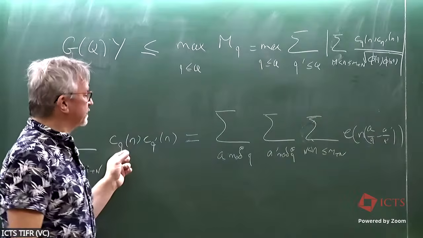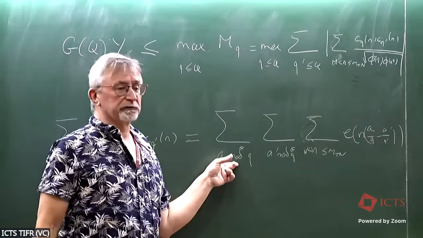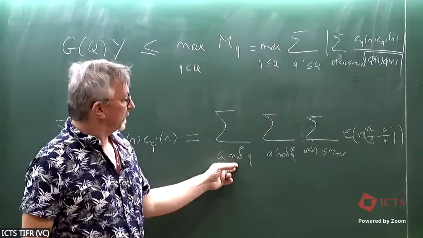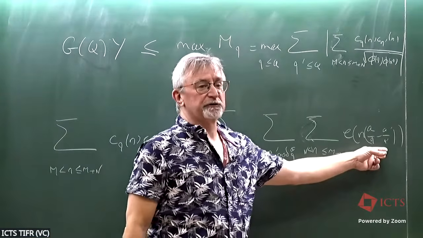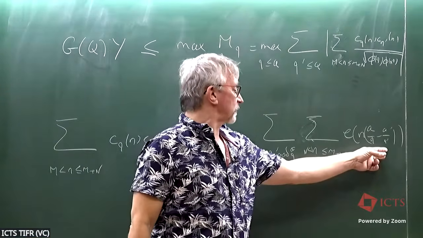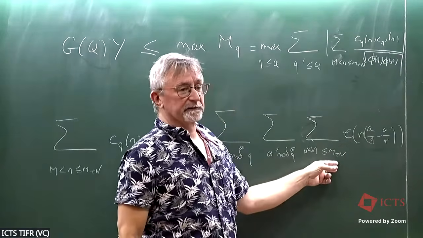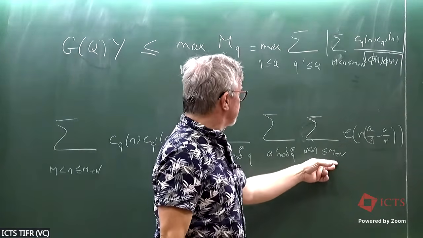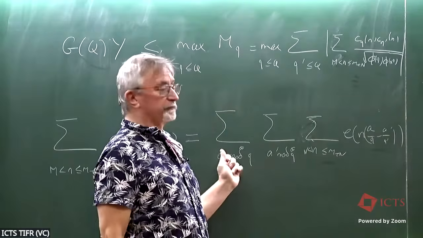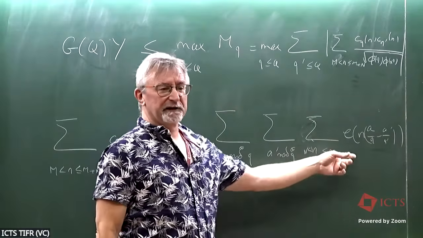I've just said that CQ of n is a sum over invertible residues. So if a by Q equals a prime by Q prime, there is no cancellation, capital N. So it gives you capital N times the number of a, capital N times phi of Q.